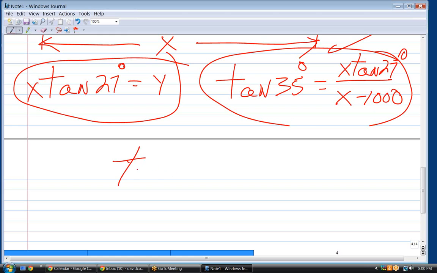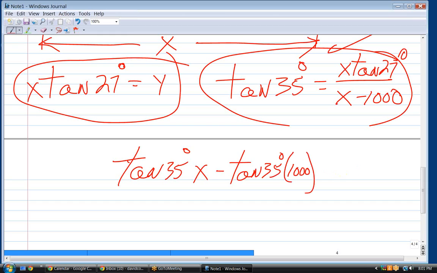So now I have tan of 35 degrees times x minus tan of 35 degrees times 1,000 all equals tan of 27 degrees times x. I write it that way just to illustrate that these are numbers, so that's just a coefficient of x.